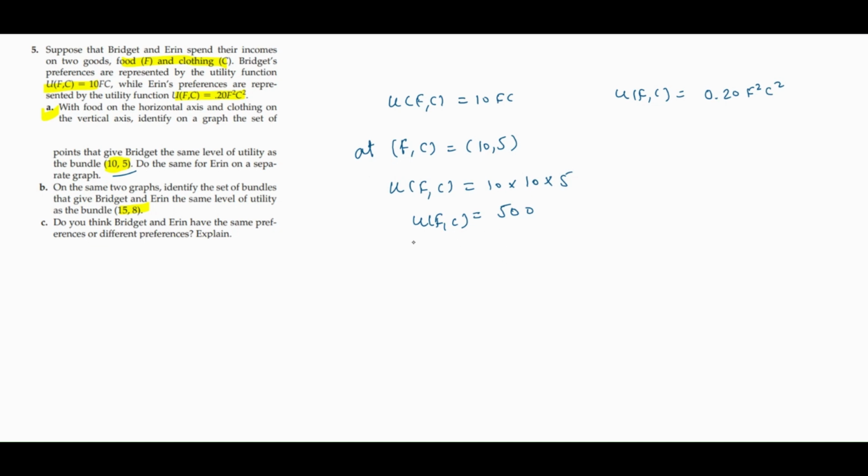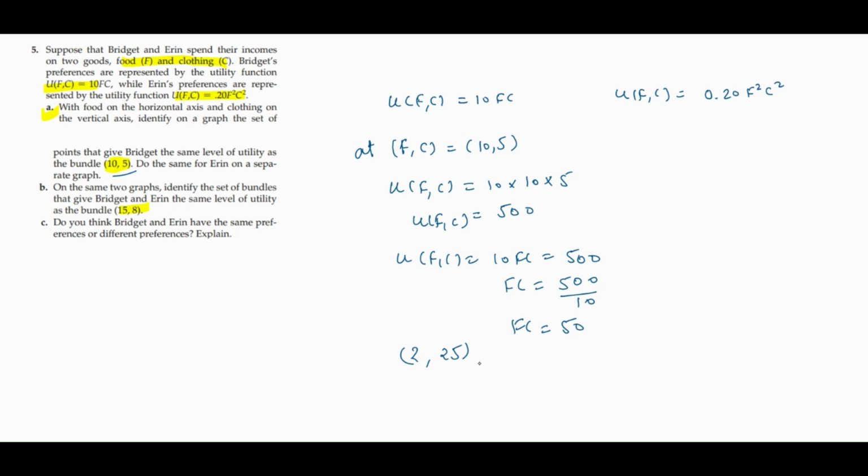Now you have to find such points that will also provide the same level of utility. We cannot think of random points, so just solve it. U equals 10FC, and we need a combination of F and C that provides 500 utility. So FC equals 500 divided by 10, which gives FC equals 50. We need a combination of F and C that gives 50. If F is 2, C should be 25.